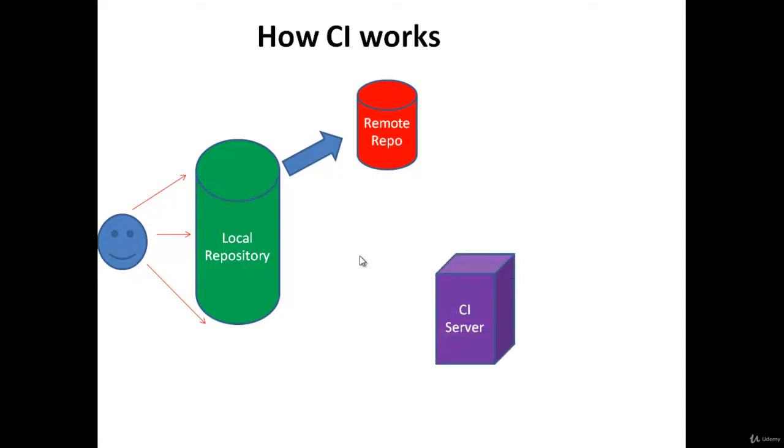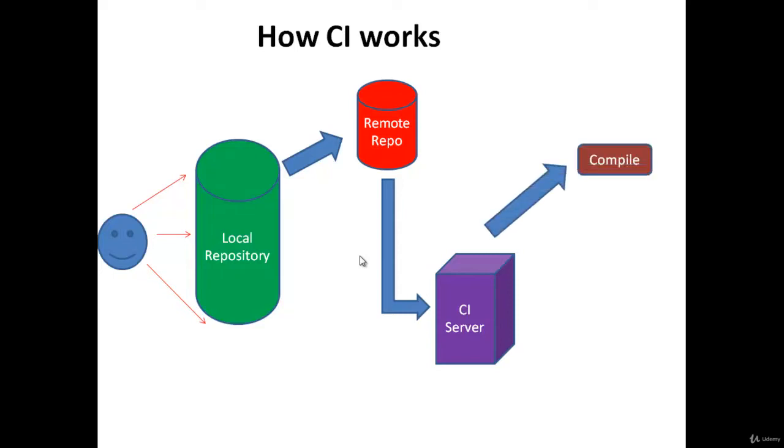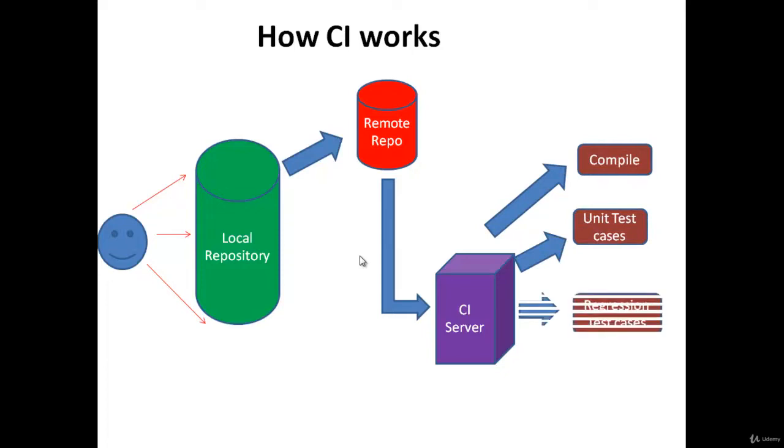It is a remote repository, where all the developers at the end of the day push their code. And then there is a CI server which is tracking the remote repository. If there are any changes, any new code added, or any modifications made to the existing code, then the CI server will perform the compilation of that code, perform the unit testing, execute the regression testing, and then publish the reports.